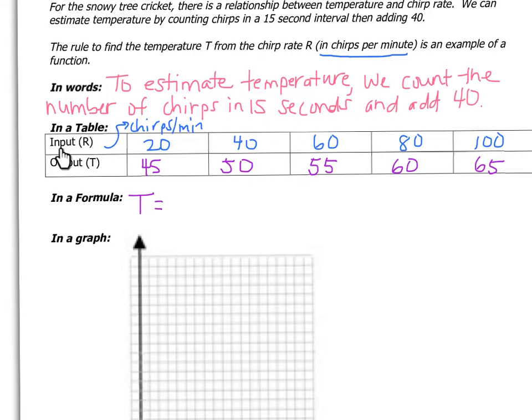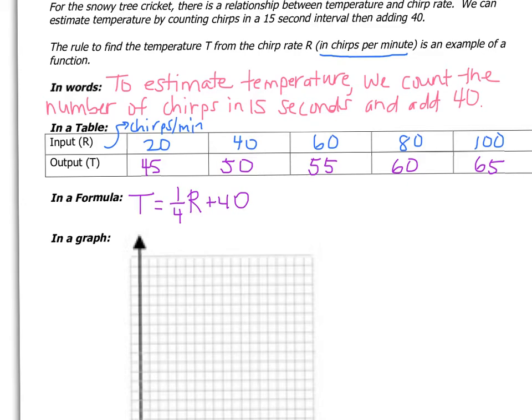So let's think about what we did to each of our inputs. We took each of those inputs R and divided them by 4. So we could say that T equals 1/4 of the value of R plus 40, okay? That's just saying in a formula or an equation exactly what we did in the table. We took the value of R, divided it by 4, then added 40.